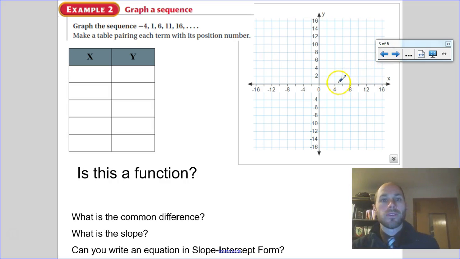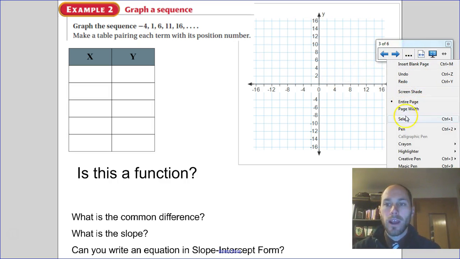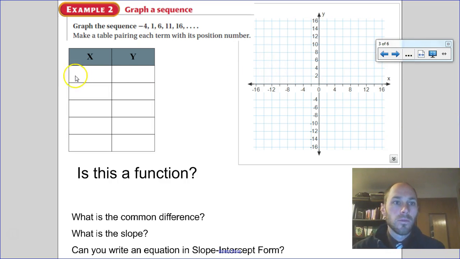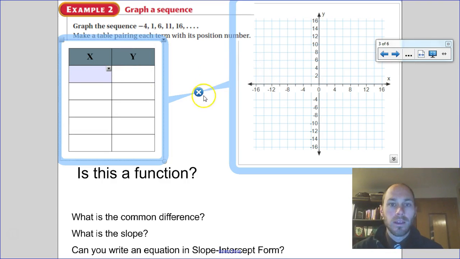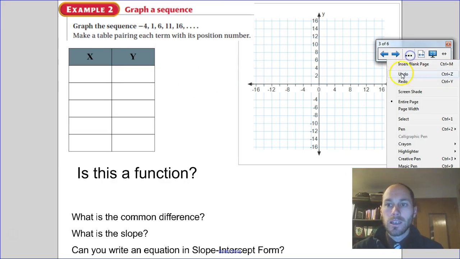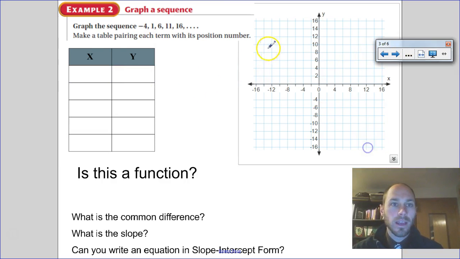Okay, so let's graph a sequence now. When we graph the sequence, we make the x value its term number. So for instance, in this sequence, this is the first term, so it'd be a sub 1. 1 is the second term, a sub 2, a sub 3, a sub 4, and 16 would be the fifth term.